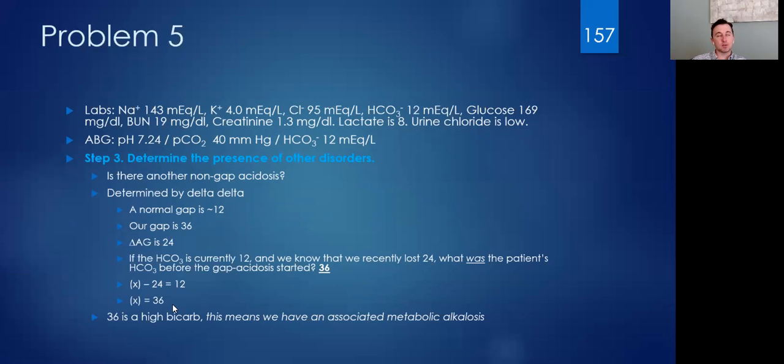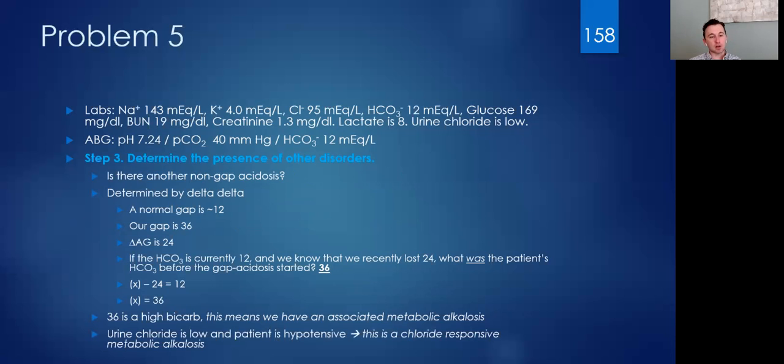Since our bicarb is higher than what we'd expect in this situation, there's got to be another metabolic disorder going on. So he's got an associated metabolic alkalosis. As we talked about in the first session, whenever you have an unexplained metabolic alkalosis, check a urine chloride.